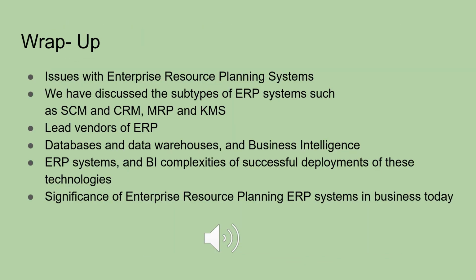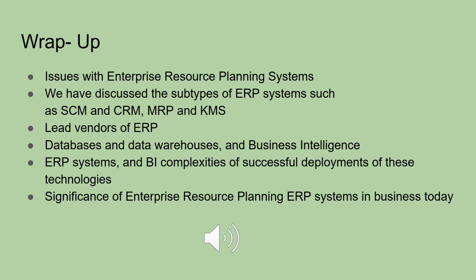Now I'd like to give a recap of the things we've covered today in our presentation. We have covered issues with ERP systems. We have discussed the subtypes of ERP systems such as supply chain management, customer relationship management, materials requirements planning, and knowledge management systems. We have explored lead vendors of enterprise resource planning systems.